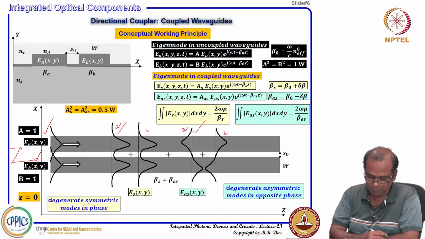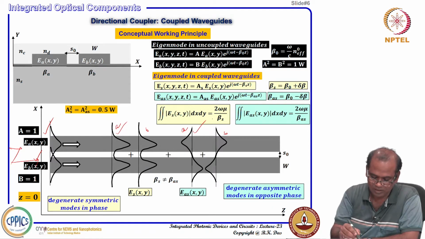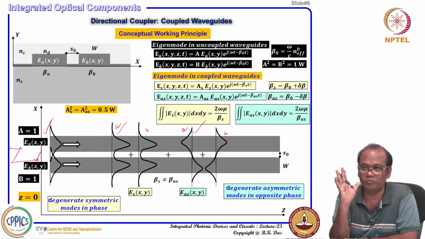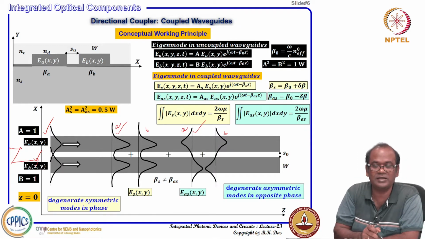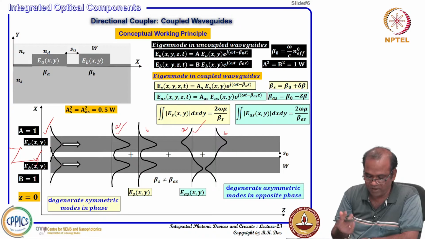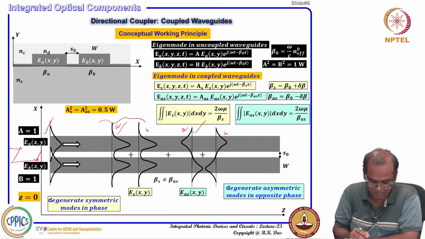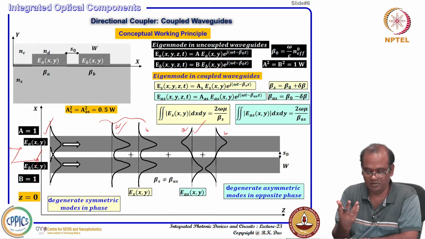So, this mode will give symmetric and anti-symmetric super modes here, and this one also will give symmetric and anti-symmetric. So, there will be 4 super modes now, because 2 modes we have excited here. I would expect 4 super modes, and out of these 4 super modes, these 2 are supposed to be the same, right, they are degenerate, their propagation constants will be the same.